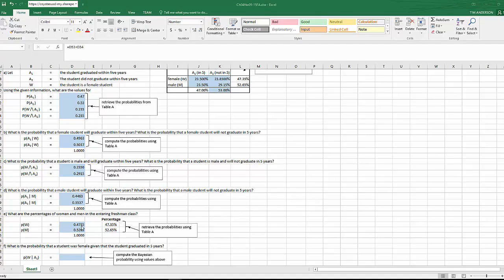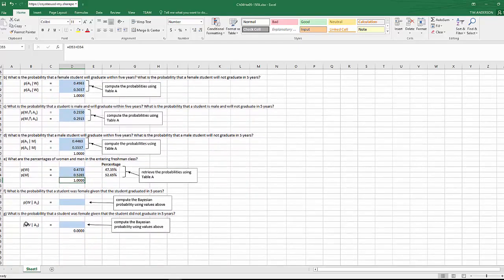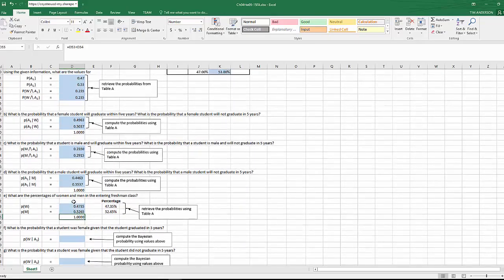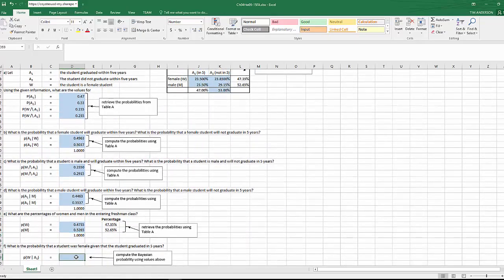Now let's look at what is the probability that a student was female given that the student graduated within 5 years. Now, this one's a little bit trickier, okay? On this one here, and hopefully we can see the screen here, I need to scroll up a little bit, equals the probability that they graduate within 5 years.